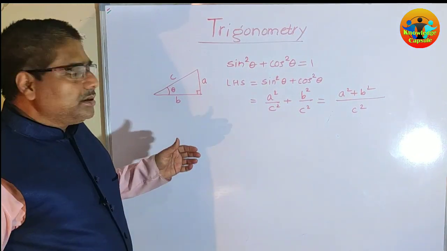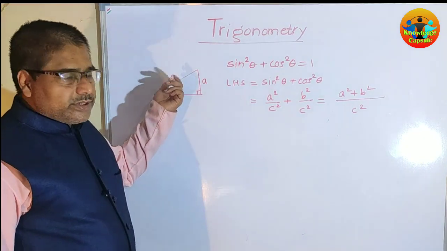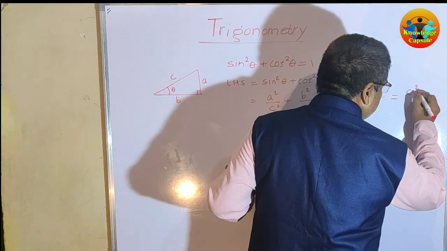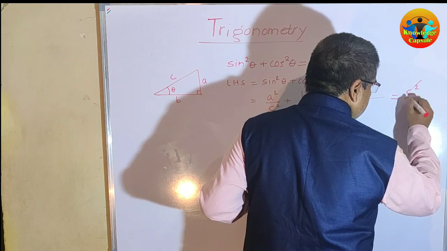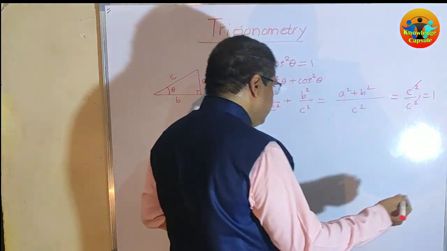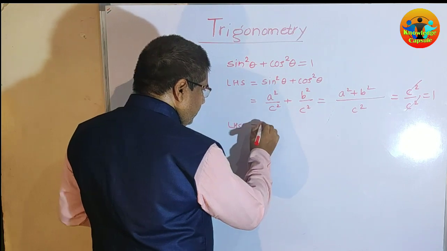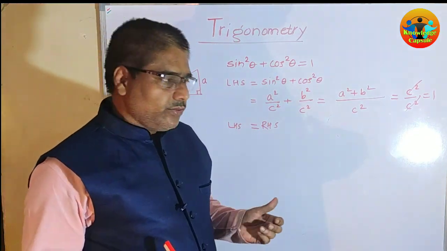As per Pythagoras theorem, A square plus B square is equal to C square in a right angled triangle. Therefore the numerator becomes C square, the denominator is already C square. This will get cancelled and we will get the value 1. Therefore LHS is equal to RHS. Sine square theta plus cos square theta is equal to 1.